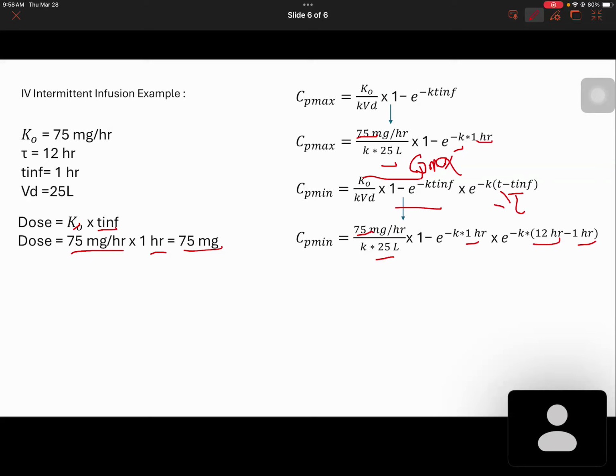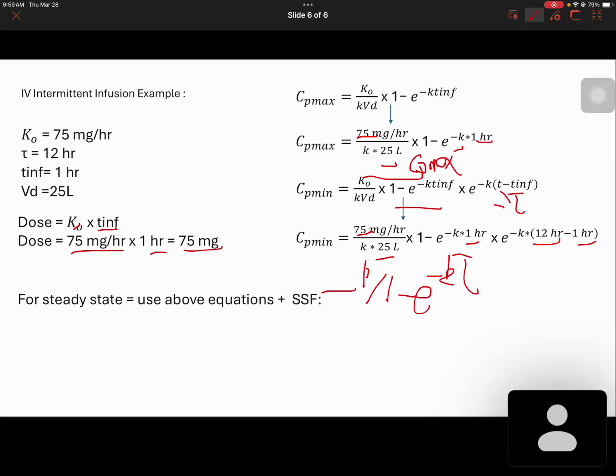So then say we're asked to calculate our CP steady state max and CP steady state min. If we remember, it would be these above equations plus our steady state function, which we've already said is 1 over 1 minus E to the negative K tau. So using that for our CP max, it would simply be our 75 milligrams per hour, volume of distribution, T infusion of an hour.